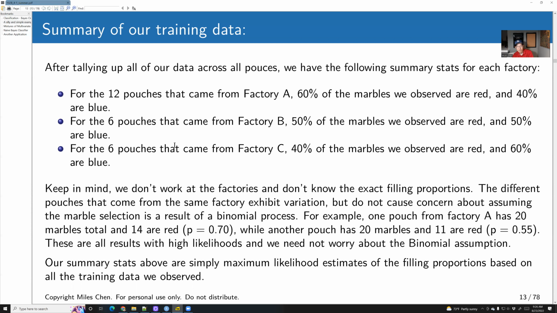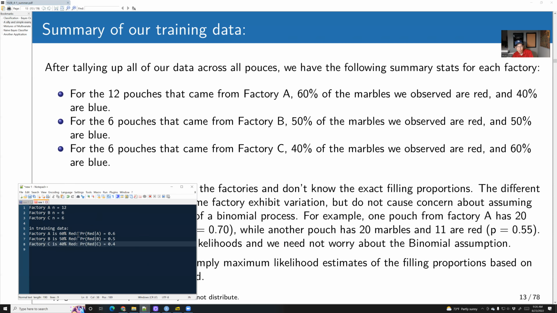These are just summary stats, and we get them by maximum likelihood estimation, which basically says that if 60% of your data is red, then the maximum likelihood estimate for the proportion at the factory in the population will also be 60%.